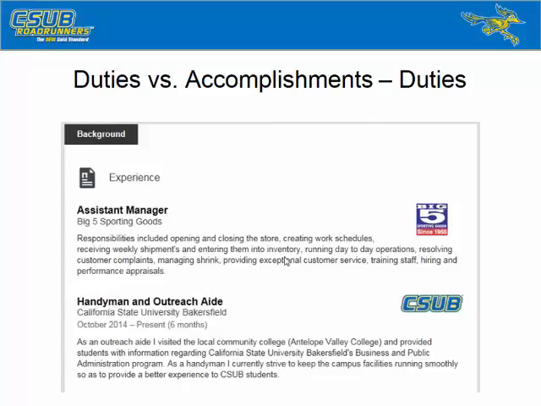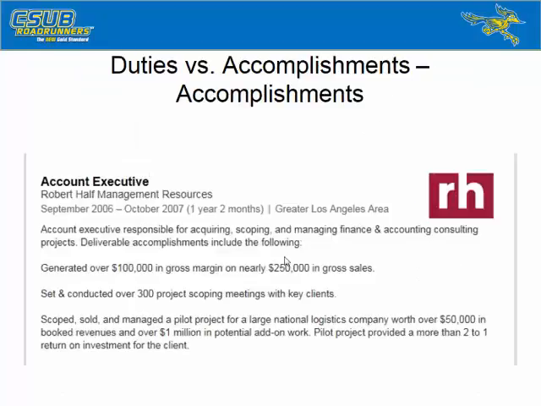So all of you can ballpark numbers from your job that are like this and describe it with numbers rather than just describing it with words. So that's what I'd like to see for your job descriptions and doing accomplishments versus duties.